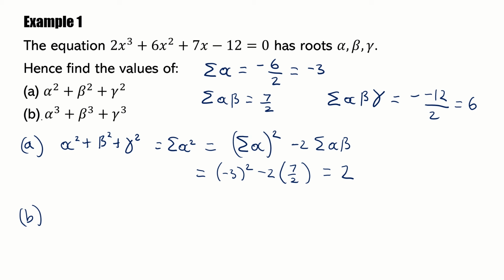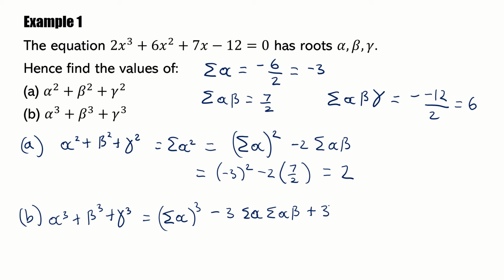Part B, alpha cubed plus beta cubed plus gamma cubed. Of course, that is just that other formula we showed, and so we've got to realize that's going to be the sum of alpha all cubed minus 3 lots of the sum of alpha times the sum of the pairs, plus, controversially, that's another thing that catches people out, it's always plus 3 lots of the sum of the triplets, if there are 3 roots.